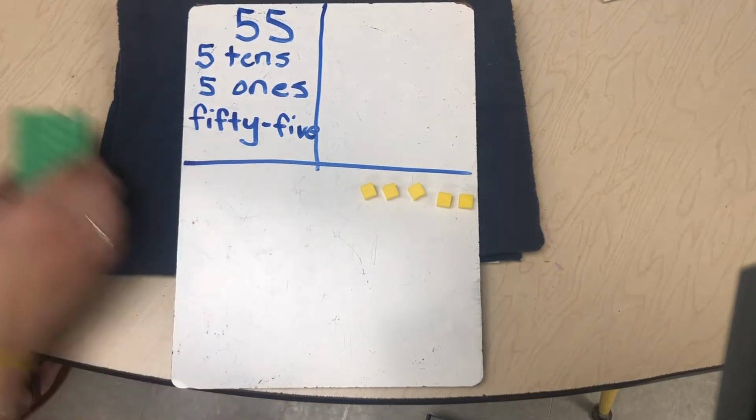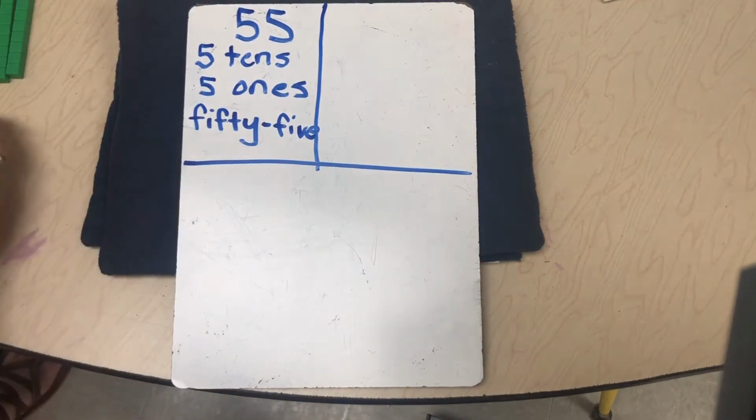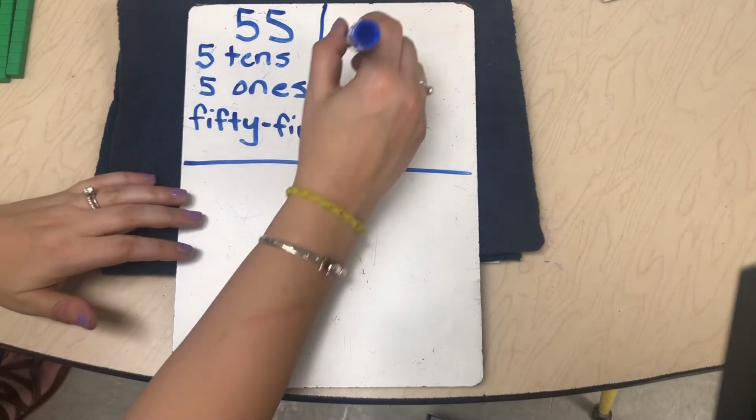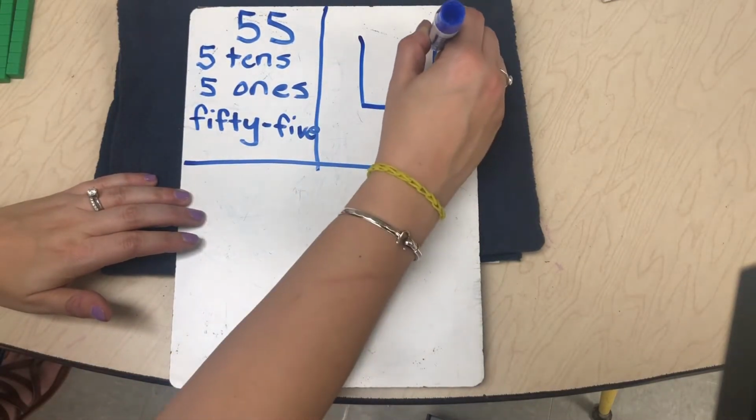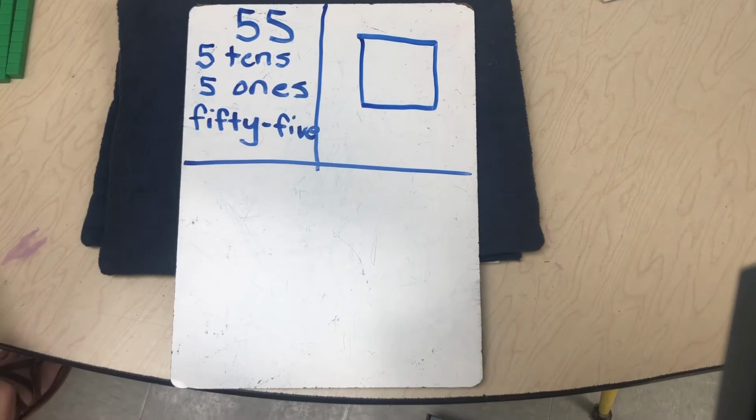Okay, I'm going to clear out the bottom. Let's do another fraction with a square. So ask your child to draw a square, or you can do hand over hand with them to draw a square.